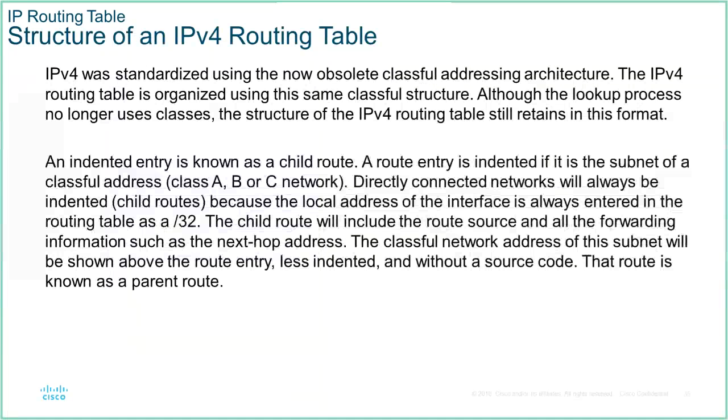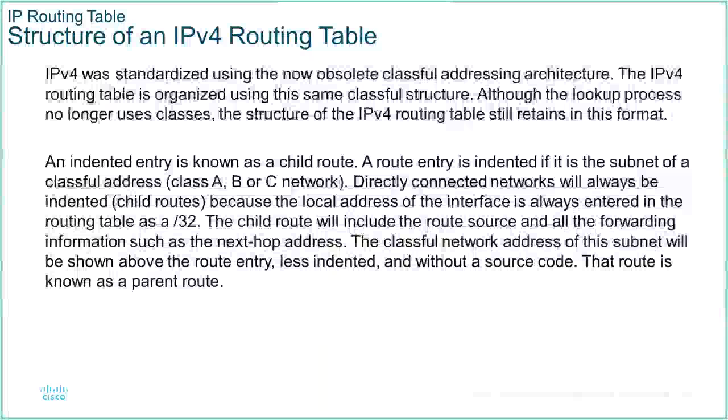Alright, we no longer use classful addressing. So we don't segregate our routes into classes A, B, and C. But our routing table will still break out the networks based on this architecture.